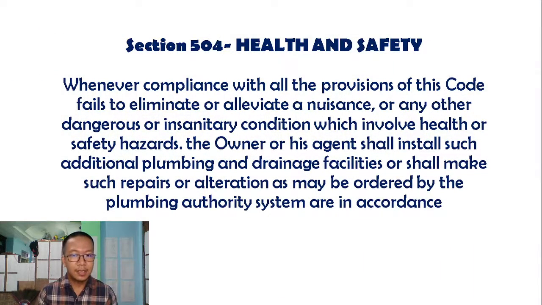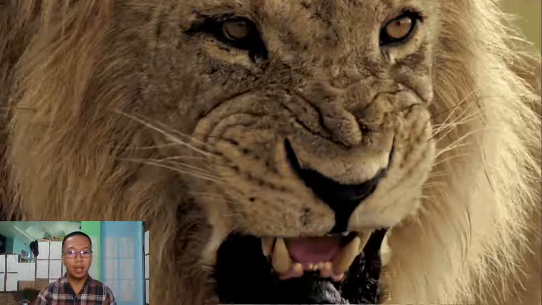Whenever compliance with all the previous provisions of this code fails to eliminate or alleviate a nuisance or any other dangerous or insanitary condition which involves health or safety hazard, the owner or his agent shall install such additional plumbing and drainage facilities or shall make such repairs or alterations as may be ordered by the plumbing authority. That's all. Thank you.